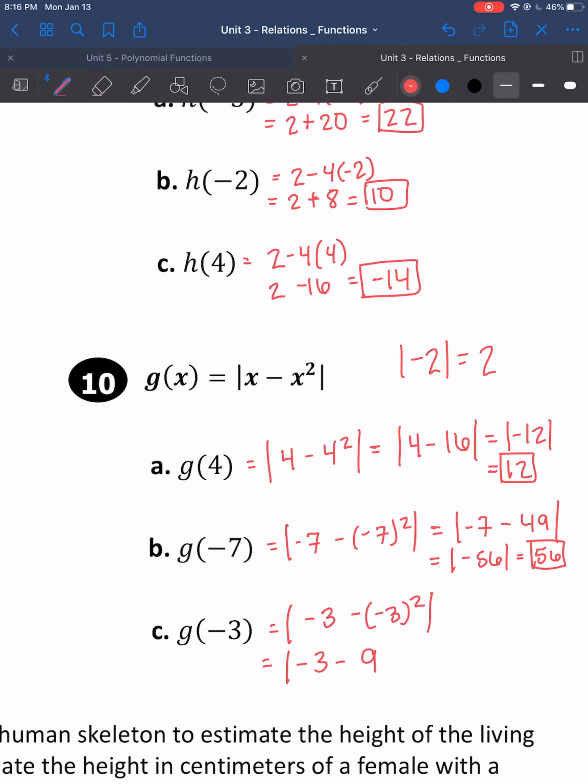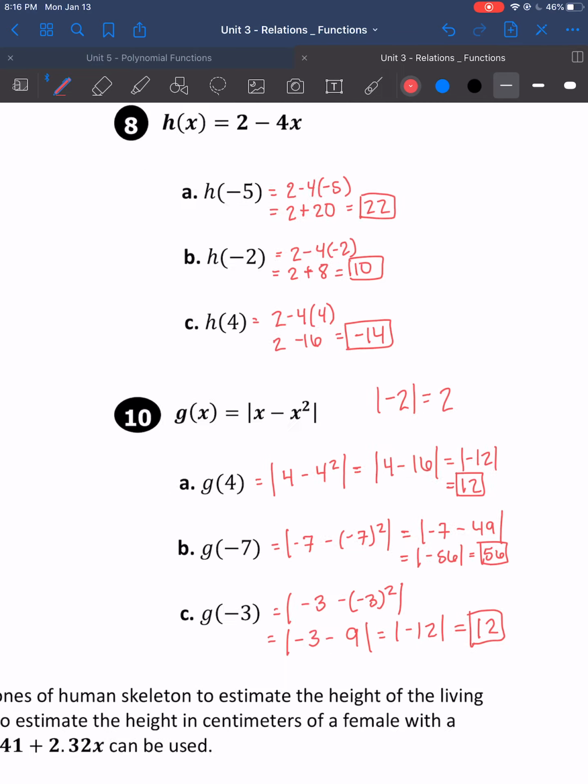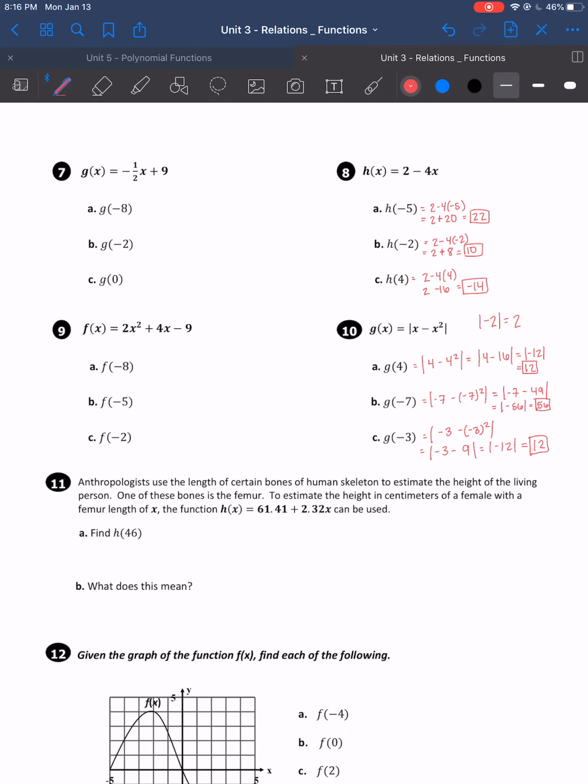So negative 3 minus 9 gives me a negative 12. Once again, I'm taking the absolute value, so I get 12. So I want you to take a few minutes here and do 7 and 9. I'm going to talk about number 11 and show you how to do it just in case you're curious. But then we will all do number 12 together.